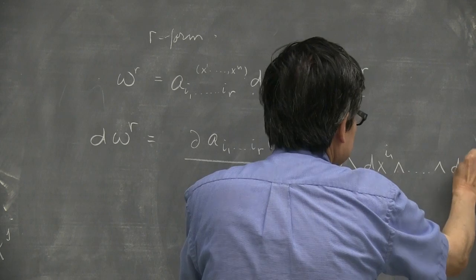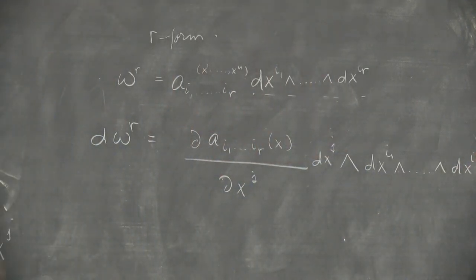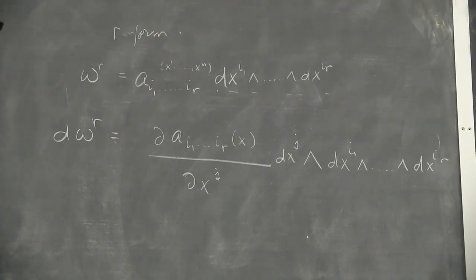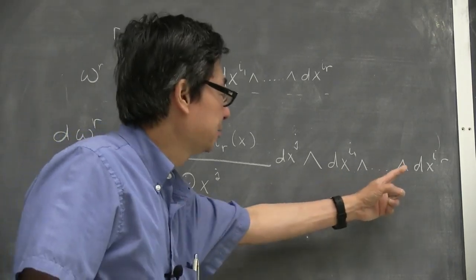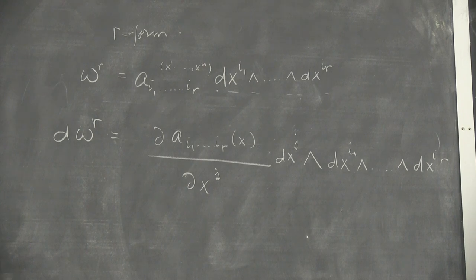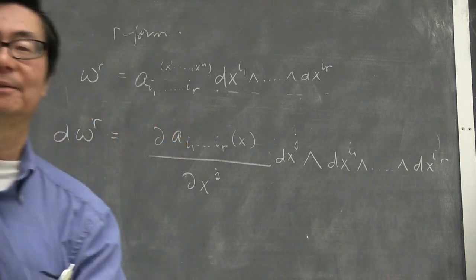And this rule can be proven. I'm not going to prove it, based on some general procedures for exterior differentiation. So once you've done this, you've got an R plus 1 form, because there are R plus 1 indices now. There are plus 1 sums in here, sum over j, sum over i1 through sum over iR.